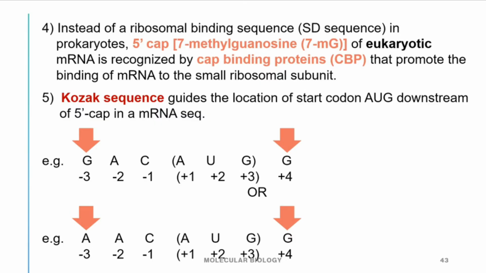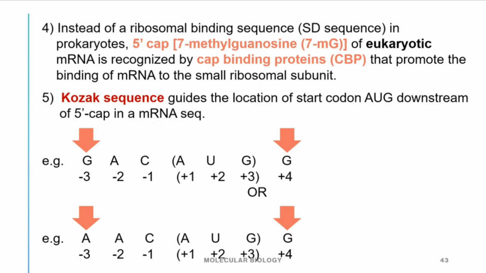Now, the presence of the Kozak sequence is so that the ribosome can recognize the AUG correctly and be put into the correct reading frame. Because there may be multiple AUGs along the entire mRNA, this Kozak sequence will help to position the ribosome at the correct AUG to actually start the translation process.